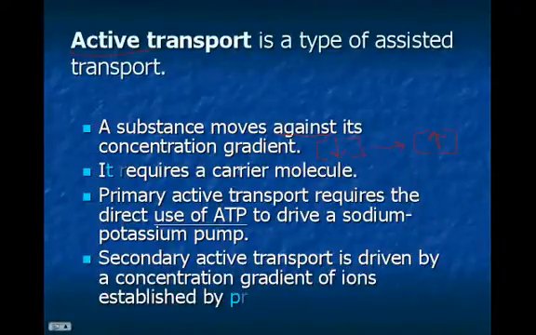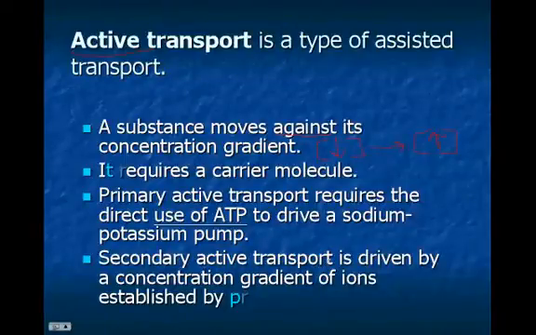Secondary active transport is something I'm going to talk a little more about once we get further on in the semester, so I'm a little less concerned that you get this now without giving you some examples. But this is just where we use a concentration gradient that we've set up actively.